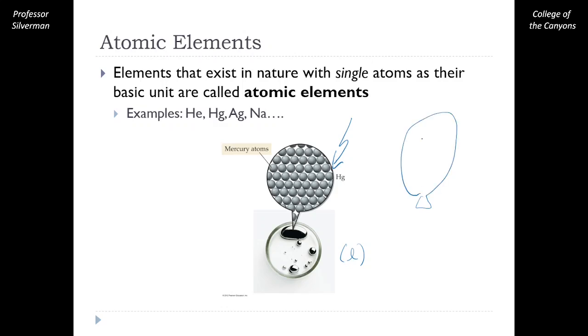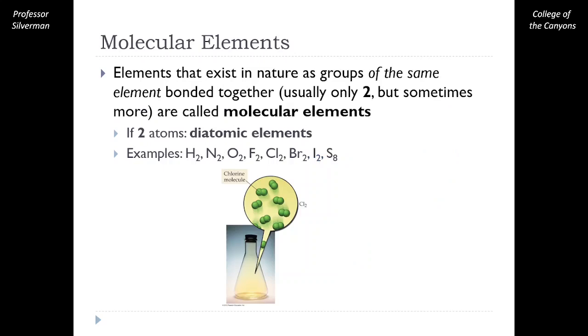You could also have a balloon of helium, where you have individual helium atoms bouncing around inside of that balloon. We can identify, oh, there's a single atom as our smallest basic unit. In contrast, some of our elements do not exist as single atoms, but instead exist as groups that are bonded together.